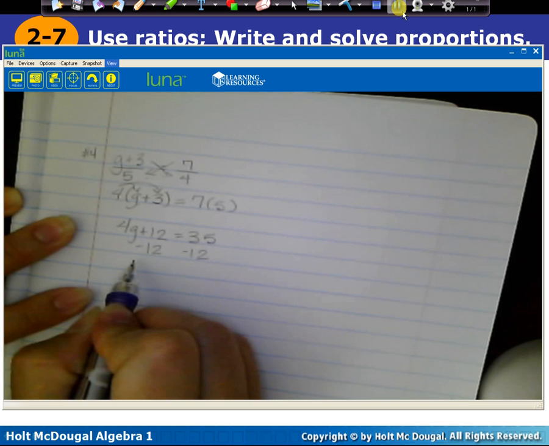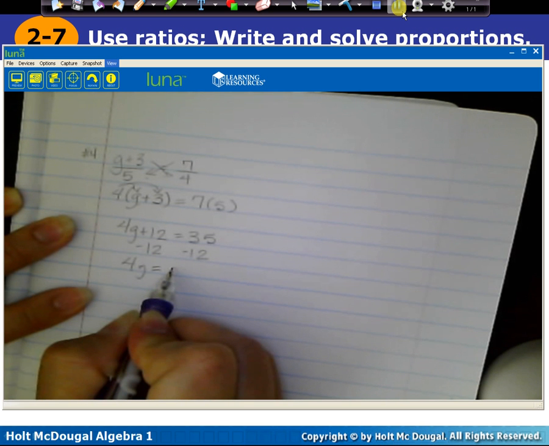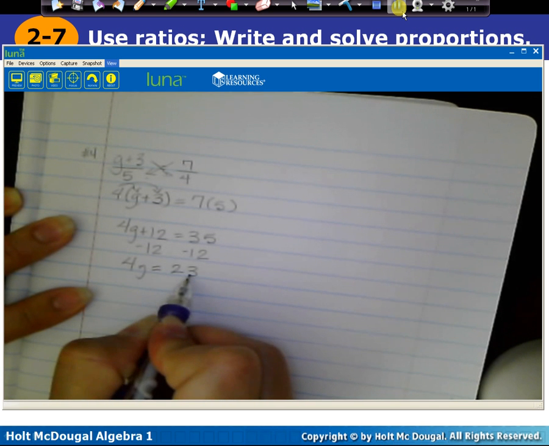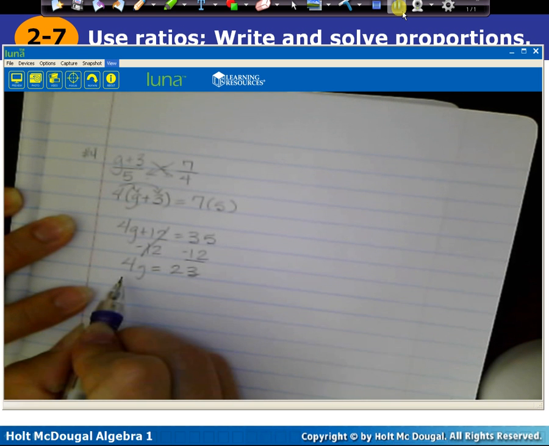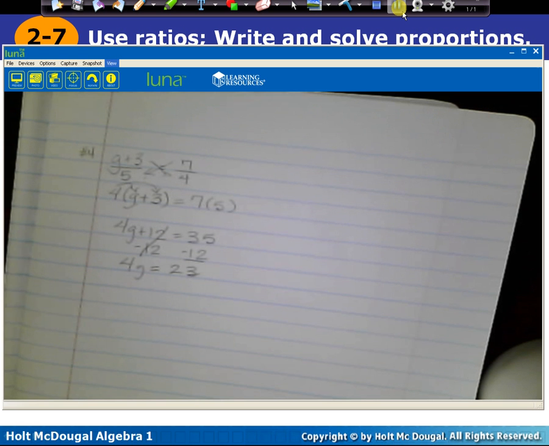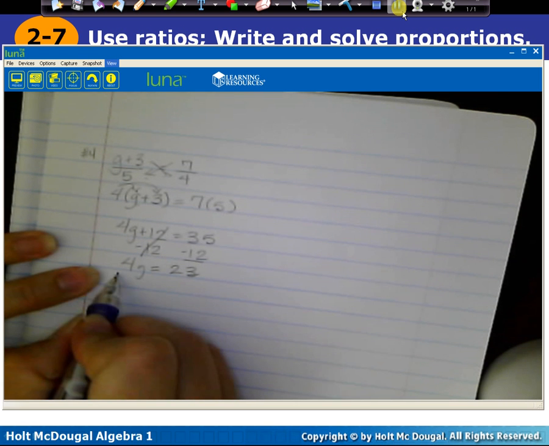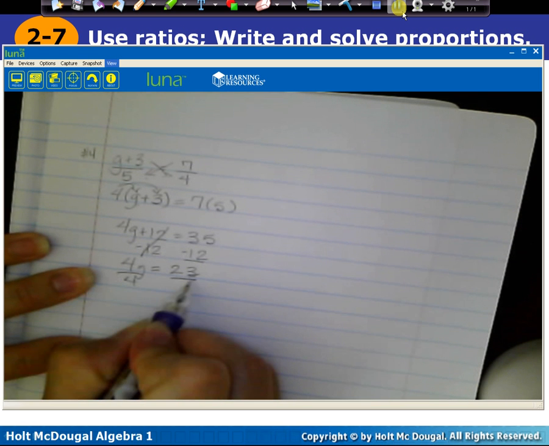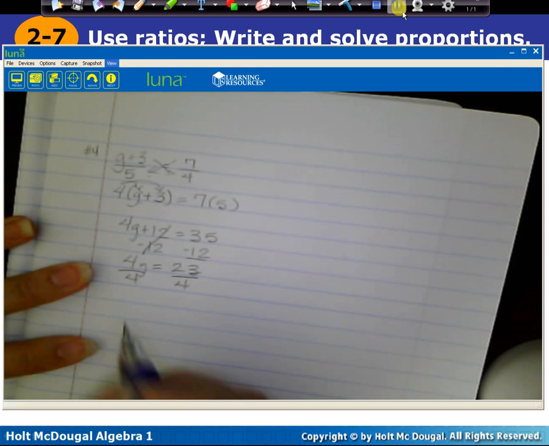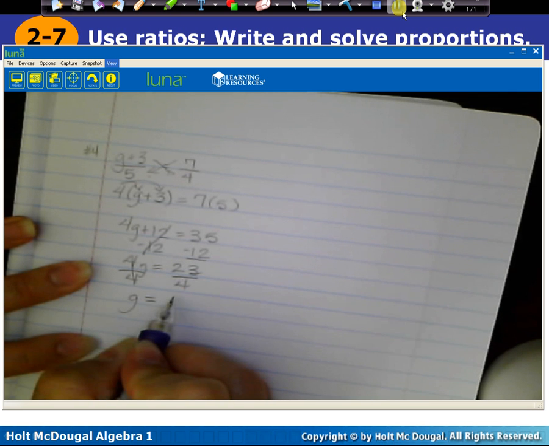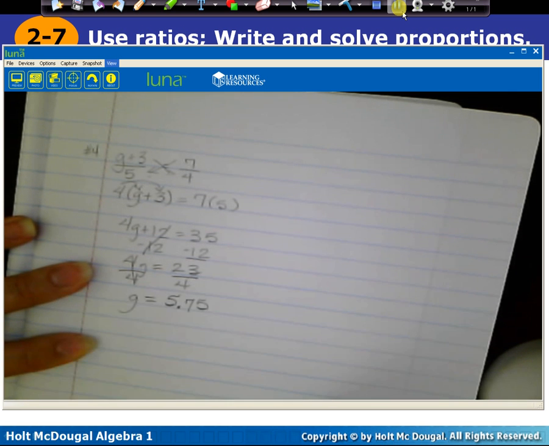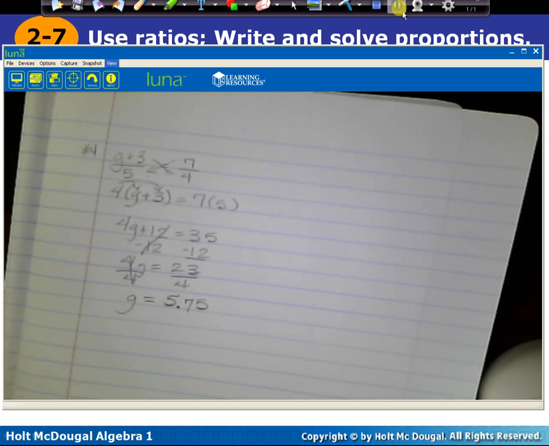And this is going to give us 4g equals 23. That cancels. Now we have to get our 4 away from our g, so we're going to divide both sides by 4, which is going to give us g, because that cancels, equals 5.75.